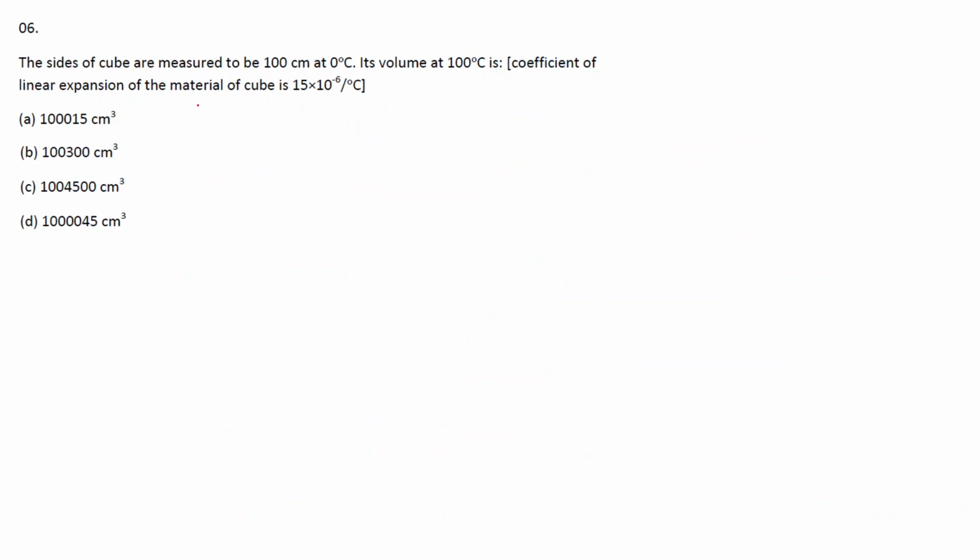The sides of a cube are measured to be 100 centimeters. So we have a cube now. We know for a cube the volume is like this. Length we have been given, it is 100 centimeter at 0 degree centigrade. Now we need to find out this volume at 100 degree centigrade.